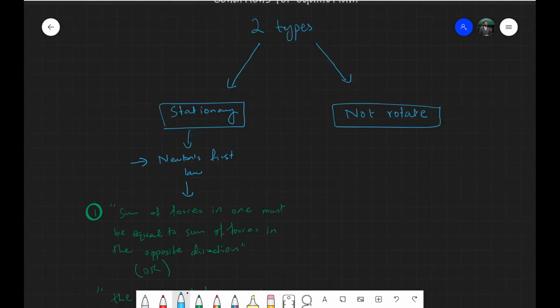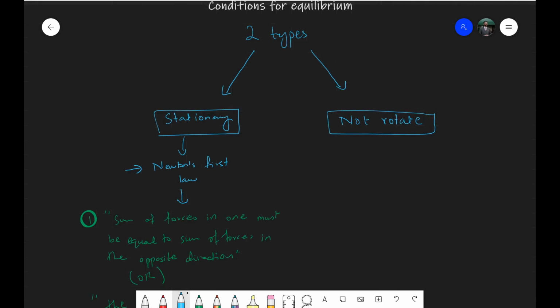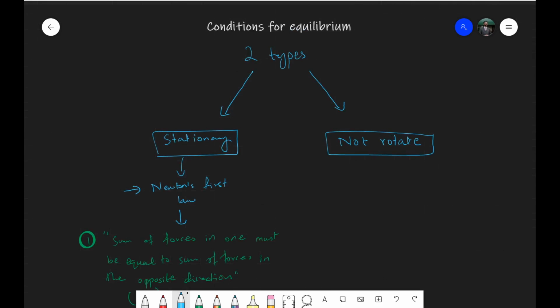Now, the second condition has to be fulfilled if the object is to not rotate.